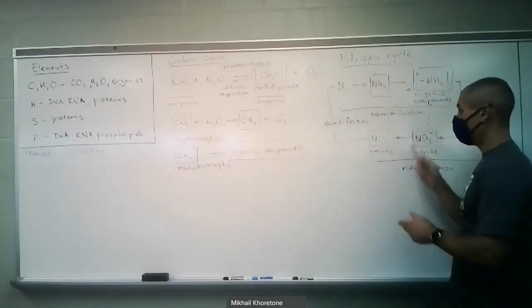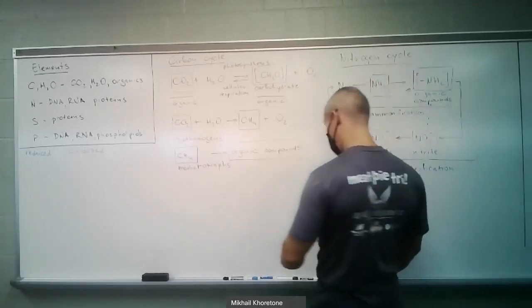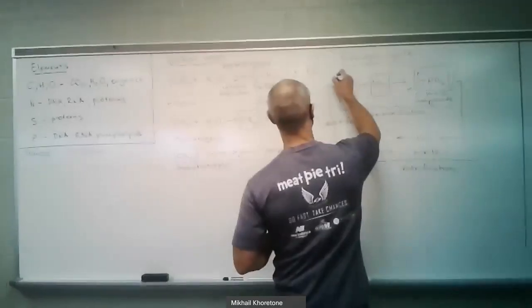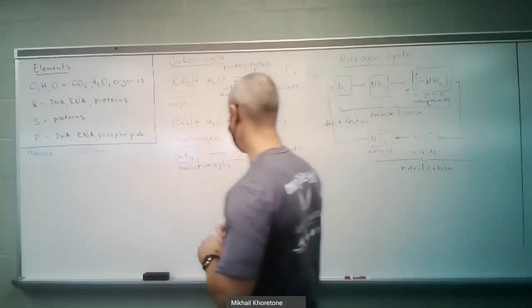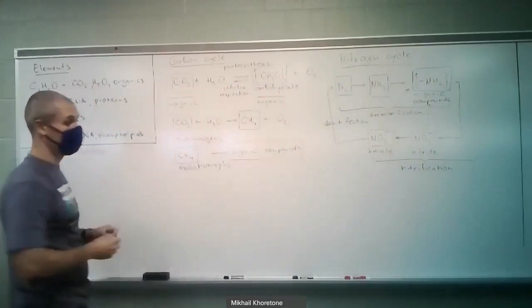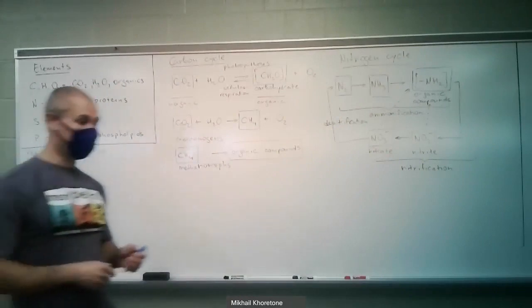And then nitrates, in the process of denitrification, are reduced into nitrogen. And here you have a perfect cycle. Does that make sense so far? Good? Okay.